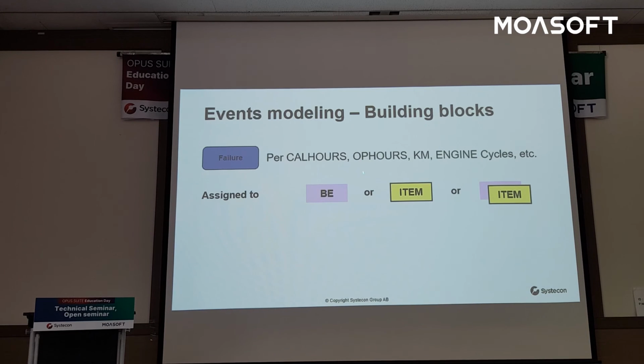Or we can assign a failure to an item, to the hardware. If we do that, it means that this failure is accurate for this item, no matter in what configuration it is installed. And then the third option, of course, is to add it to a combination of a breakdown element and an item. It means that this failure only happens for this item when it is installed at this location.